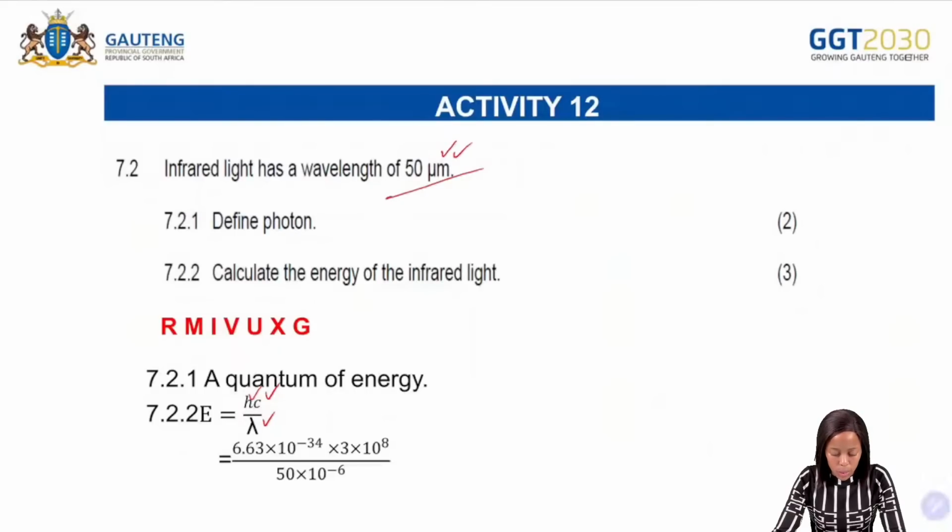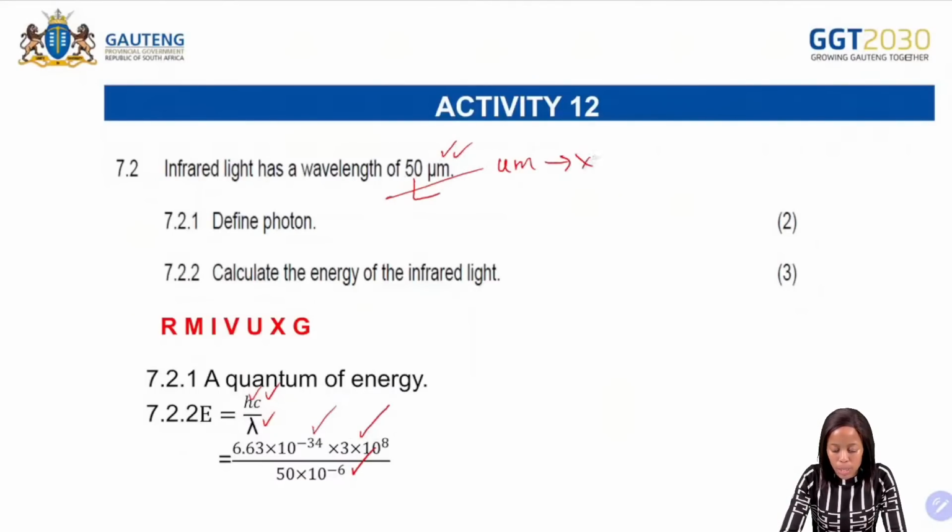So then what are you going to do? You are going to substitute Planck's constant, the speed of light, and you need to make sure that you convert the wavelength. If it's a micrometer, we multiply with 10 to the power of -6. If it's nanometer, we multiply with 10 to the power of -9.